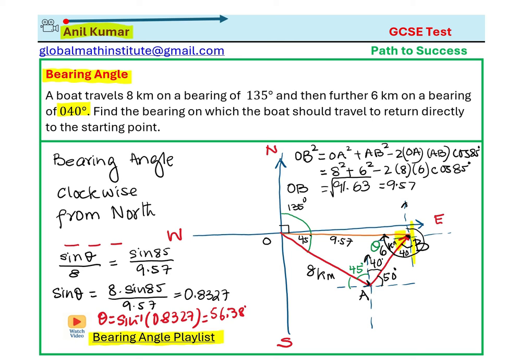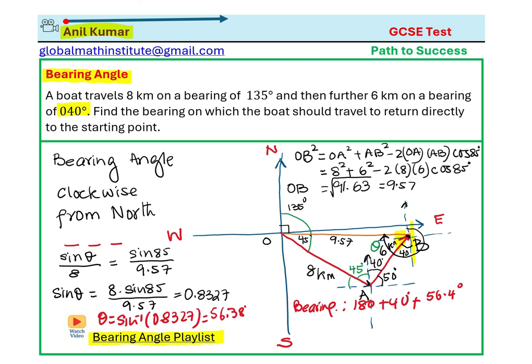Now, if theta is 56.38, we can now find the bearing at which the boat should return to the original point, right? So it should be the return angle. So the bearing at which it will return will be 180 plus 40 plus 180 plus 40 plus 56, we can say 4, right?